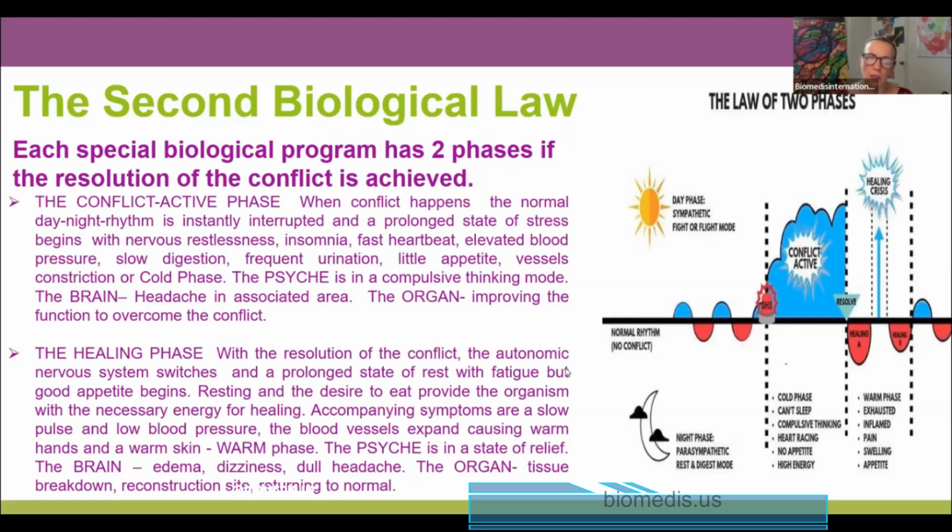In the brain, you may feel edema or water, cold, dizziness, could be dull headaches, because that is also part of the recovery phase. And the affected organs: if it was a tumor, it starts to degenerate. If it was an ulceration, its constriction is resolved and it returns to normal size.